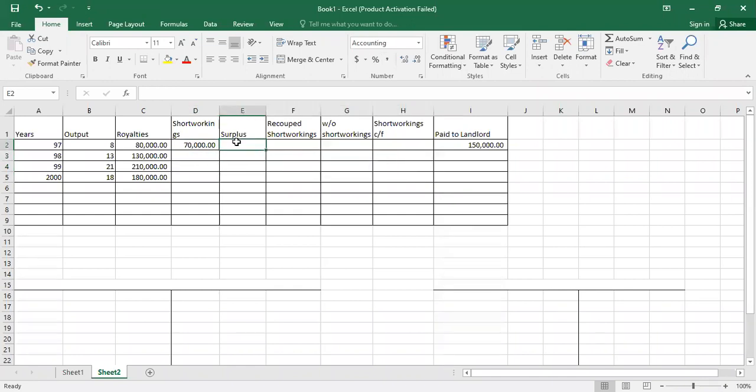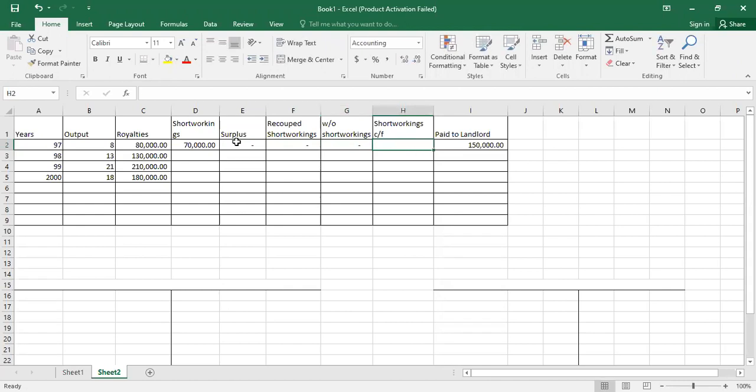Do we have a surplus? No. Do you have recouped short workings? These are explicit questions. You say no or yes. We don't have, isn't it? Are we writing off yet? We have a contract of 3 years, restricted, isn't it? So we are not writing off.